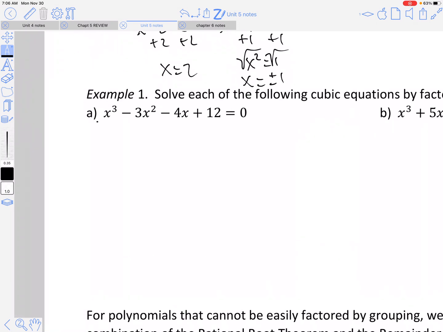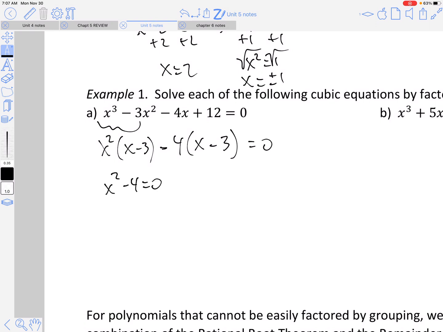Alright, so same idea. These both have an x squared, so I'm left with x minus 3. Bring down the negative. I can pull a 4 out of each one, so I'm left with x. Oops, I pulled out a negative, so I'm left with x minus 3 equals 0. So I'm going to have x squared minus 4 equals 0, and x minus 3 equals 0, because that was x minus 3, and then the leftovers were x squared minus 4.